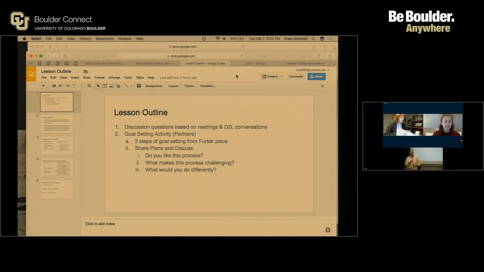All right. So, just some framing for what they're about to do here. Thank you, Drew and Julie, for being willing to do a guest teach this early in the course. Because of how early it is, they had to amp up their planning.